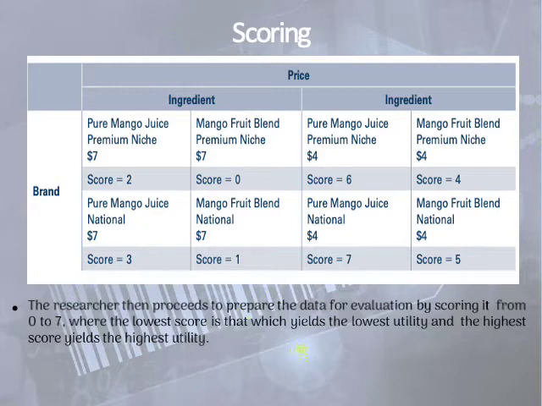Meaning to say, that is the equivalent of their measure of utility, or preference, or the value that they are actually giving to this formulation. So there you can see which formulation of the mango juice under this brand they would actually prefer the most.